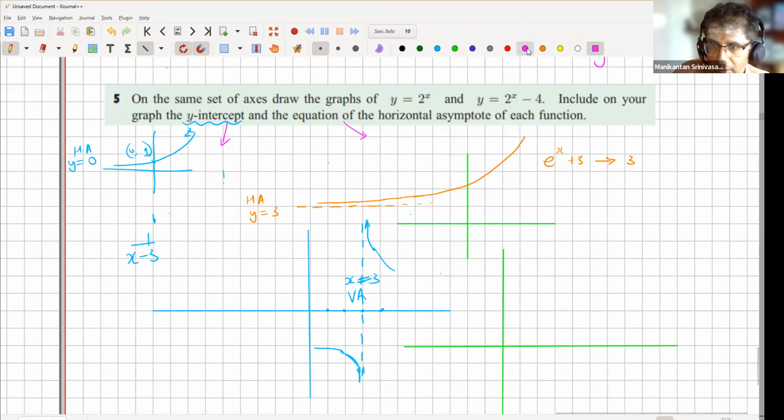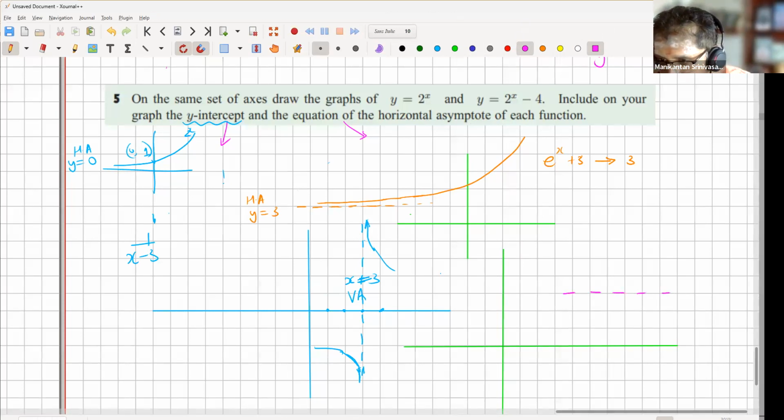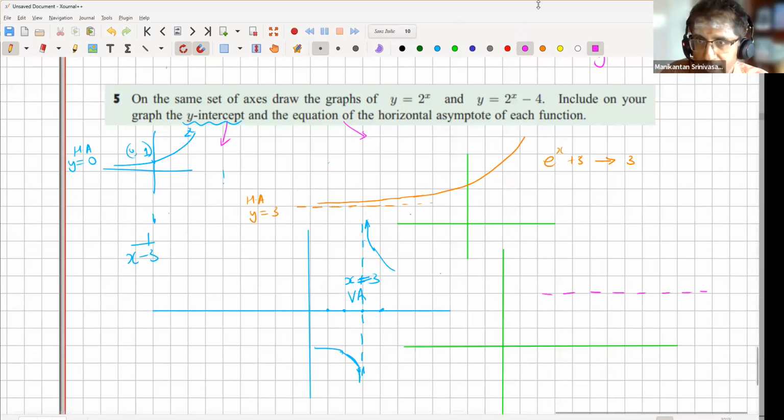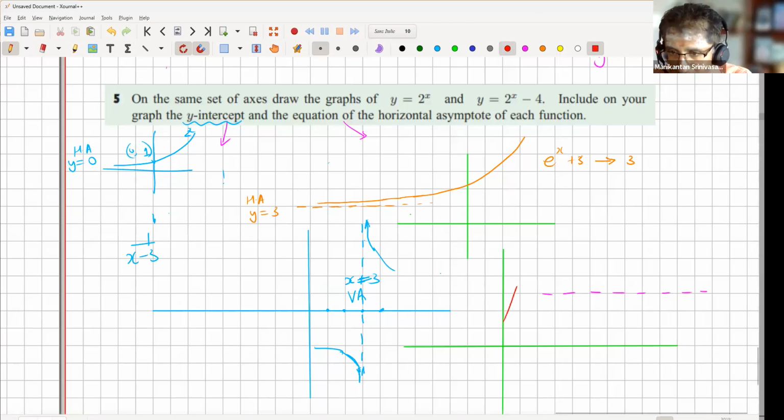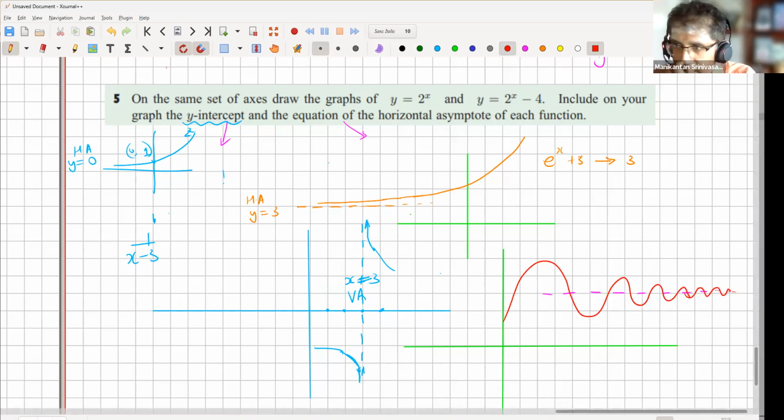So the horizontal asymptote for some other function can be a line like this, right? I can always make up a function which will behave something like this. It cuts through the horizontal asymptote multiple times. It's not an unreachable quantity. It's a quantity which you approach as x tends to infinity or x tends to minus infinity.